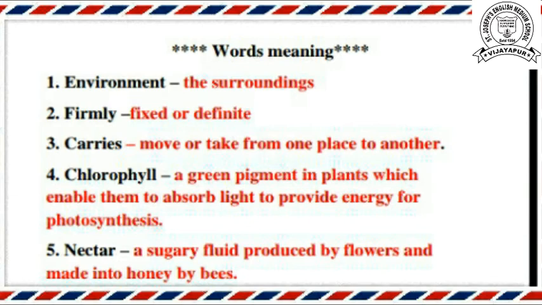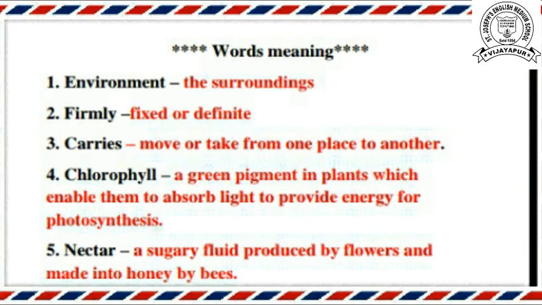And the root can hold the plant firmly in the soil, meaning it can hold the plant fixed or definite in the soil. Now the third one, carries. Carries means what? Moves or takes from one place to another. Means the root absorbs the water and the stem carries the water.